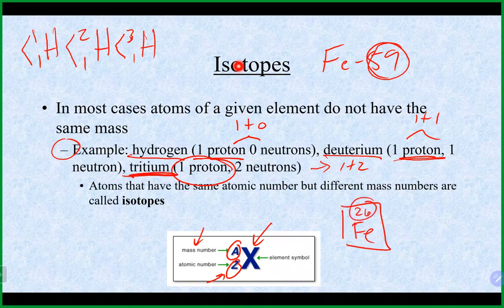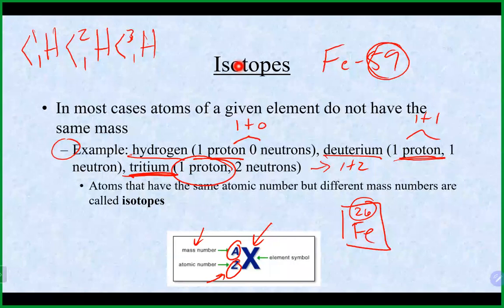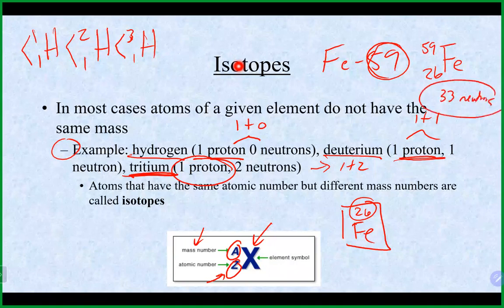So if we were to write the expression the other way, Fe with 26 on the bottom, 59 would go up on top. And if we subtracted that, 59 minus 26, we would end up with 33 neutrons in this particular case. Any questions on that?